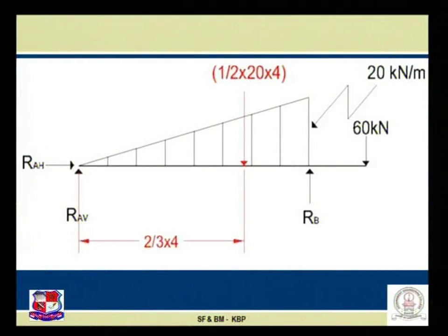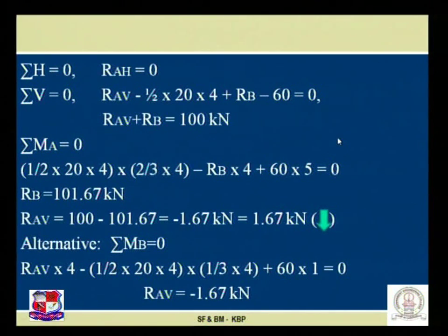Sigma V is equal to 0, and to find the reactions we assume upward is positive. So RAV is upward, plus RAV minus the equivalent point load, half into 20 into 4, plus RB minus 60, is equal to 0, and we achieve the equation RAV plus RB is equal to 100 kilonewton.